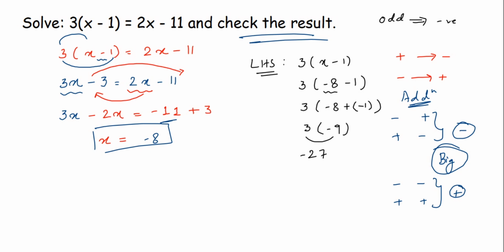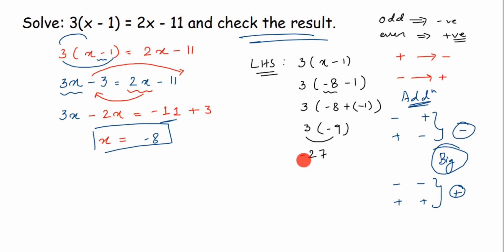You just multiply the numbers and put a negative sign. That's it. And if you have a negative sign an even number of times, then your final answer will be positive. You just multiply the numbers and it will be positive. You don't have to put any sign there. That you just remember. Here I have only one negative sign, one is an odd number, therefore you have to put a negative sign. This is the rule for multiplication, also for division.